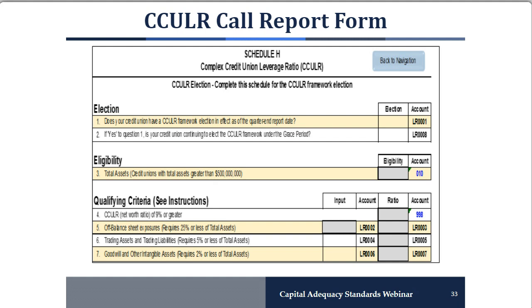The CULR form will auto-populate data for lines 3, 4, and 5: asset size in line 3, net worth ratio in line 4, and the off-balance sheet exposures in line 5. The call report was expanded to provide data for the off-balance sheet exposure. The credit union will need to populate questions 6 and 7, and the call report provides instructions for these fields.